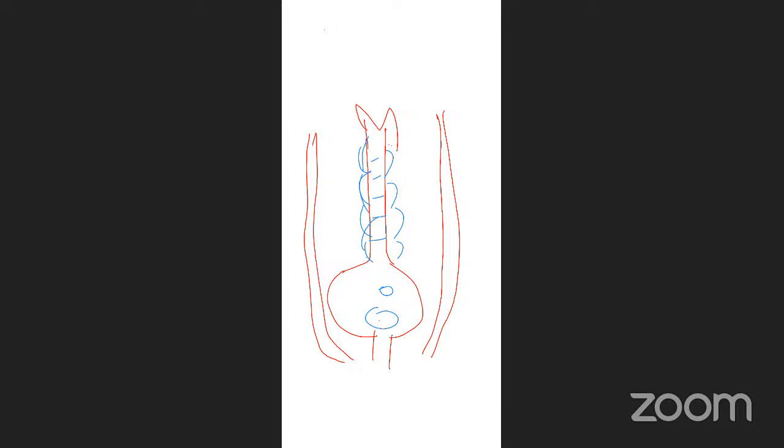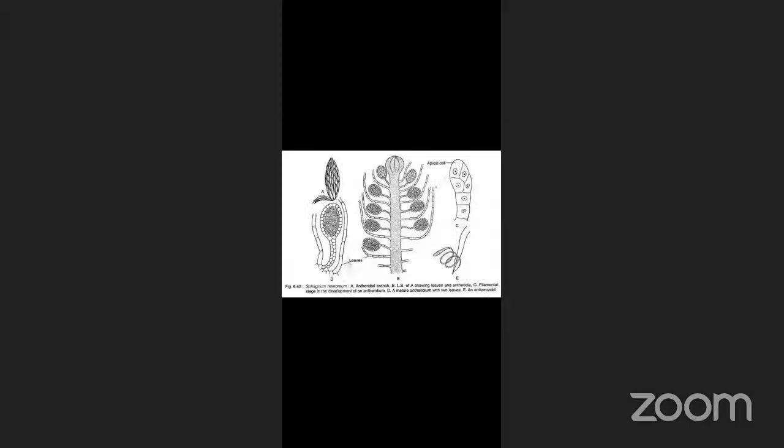Marchantia has a foot, and Pellia also, and Anthoceros also. And what is the function of the foot? Absorption and supply of nutrients, and attachment to the gametophyte.